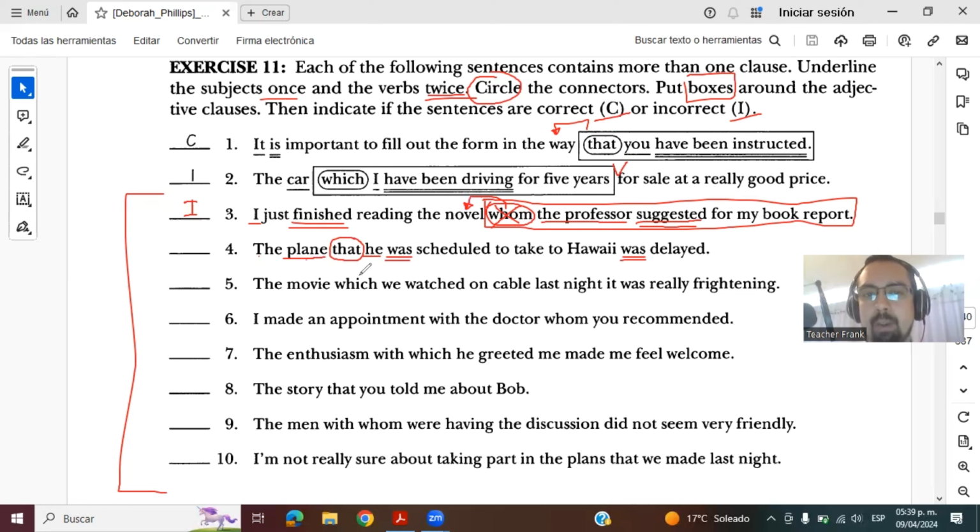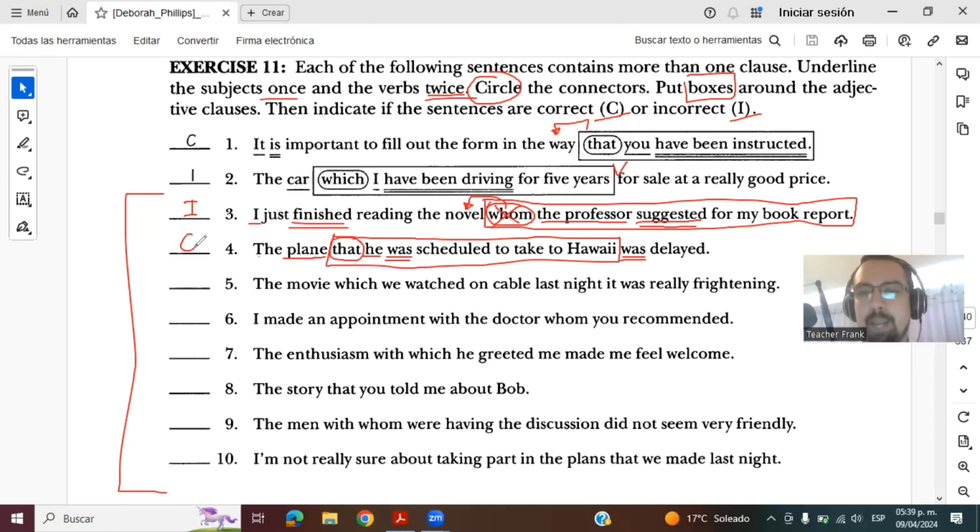The plane was delayed is the original sentence. And then all of this is going to be my adjective clause, that he was scheduled to take to Hawaii, right? That's the extra information, the adjective clause. Yeah, everything else is there. So this one is correct.